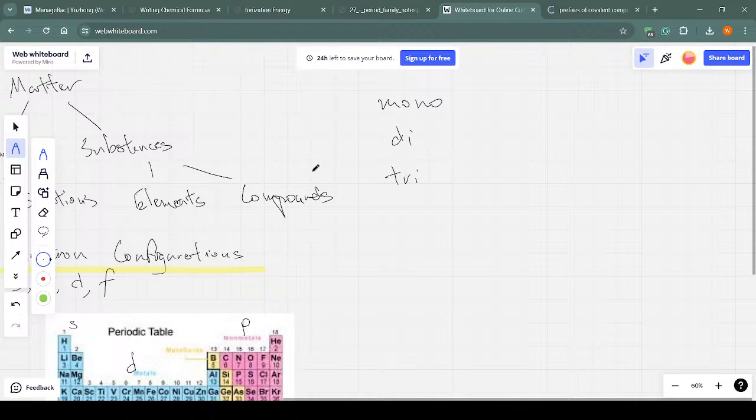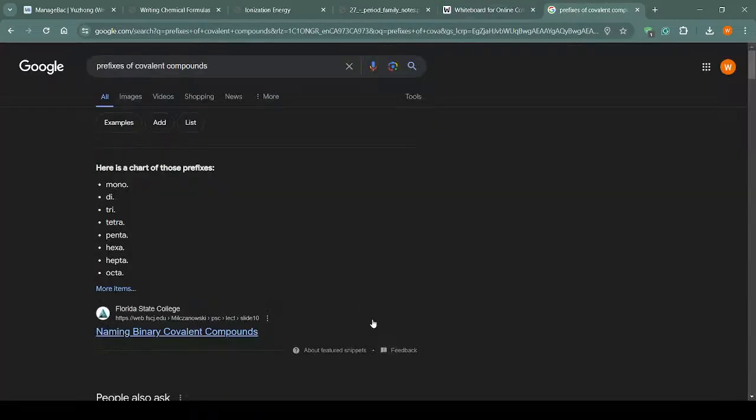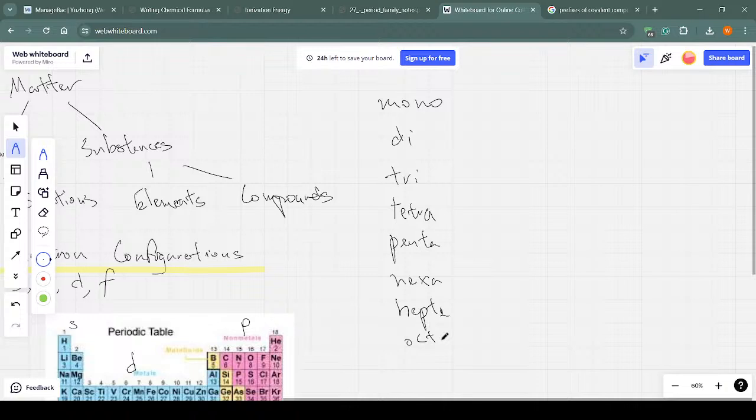Mono, di, tri, tetra, penta, hexa, hepta, octa, nona, and deca.